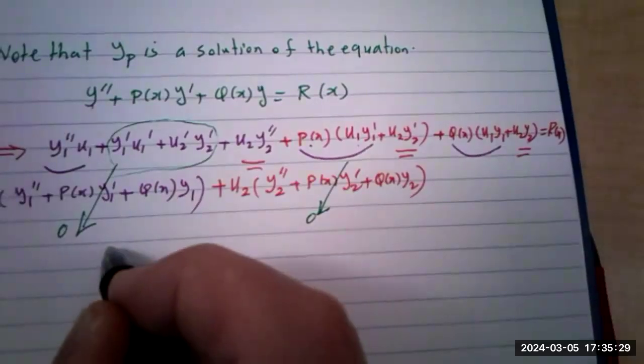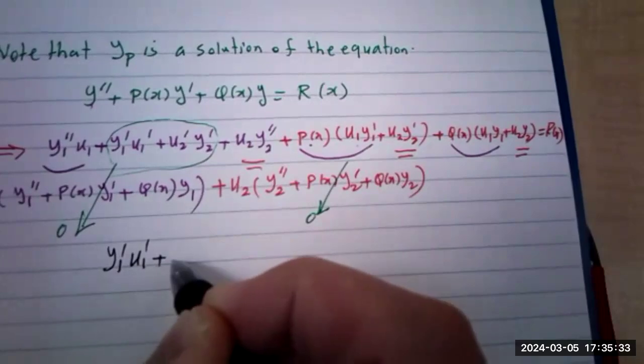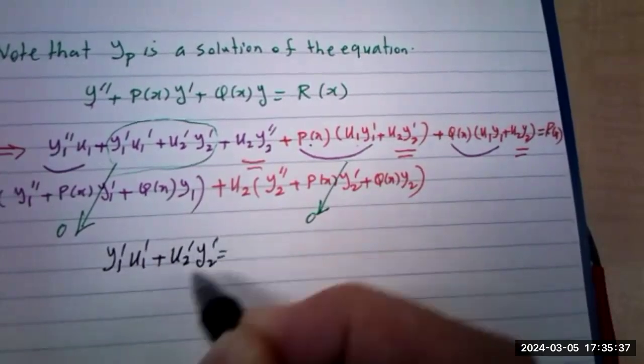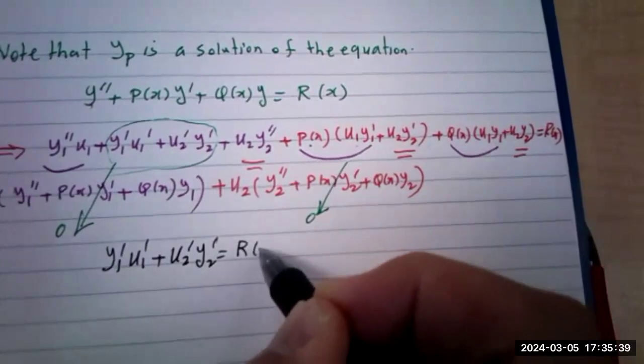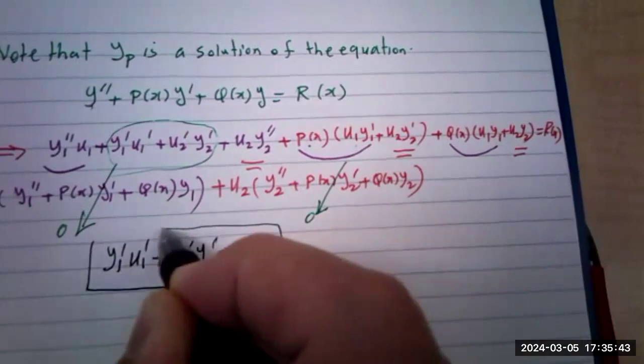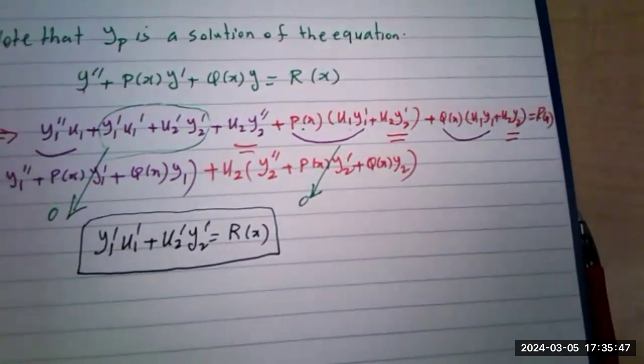So you are going to have y1 prime u1 prime plus u2 prime y2 prime. This must be equal to r(x). So this is going to be your condition for the u1 and the u2, for that y_p to be the solution of your equation.